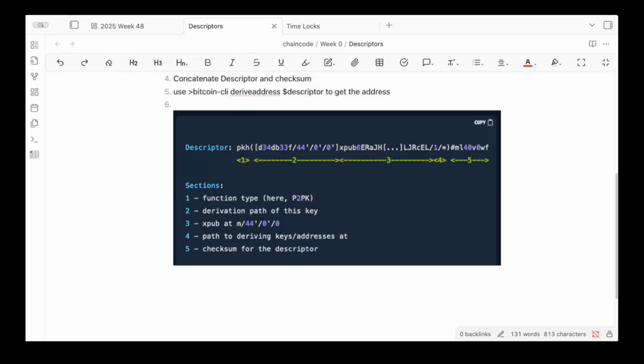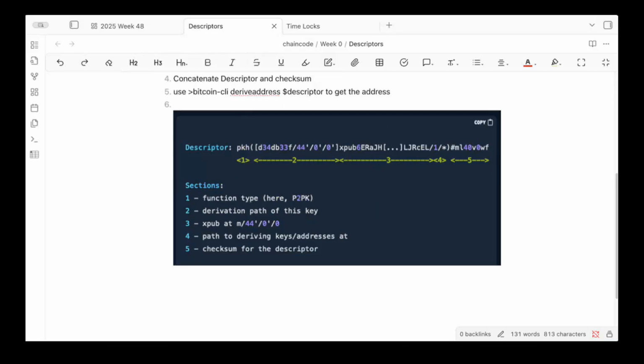That will come first, followed by the derivation path for the key, and then the xpub itself at this derivation path. Then finally, followed by what sort of path from this parent you are taking to derive the rest of the keys. And finally you have the checksum. So this is the standard descriptor format.